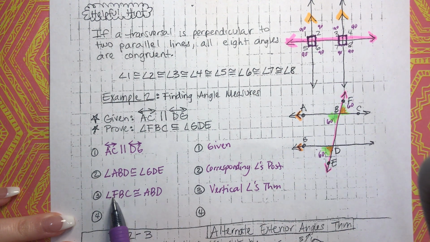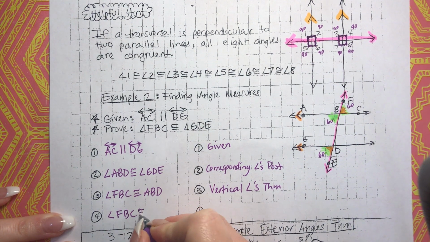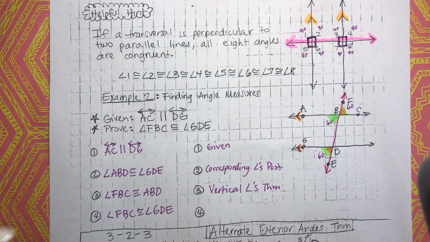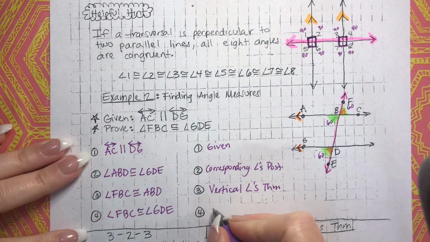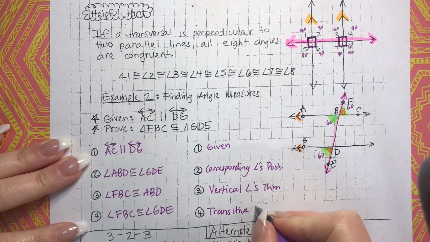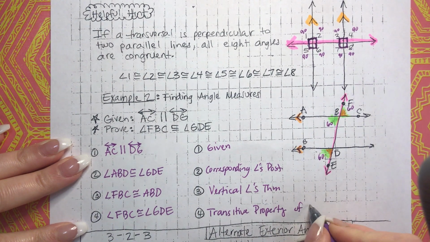So at this point, we know that these two angles are the same. So we know that angle FBC is congruent to angle GDE because of the transitive property of congruence.